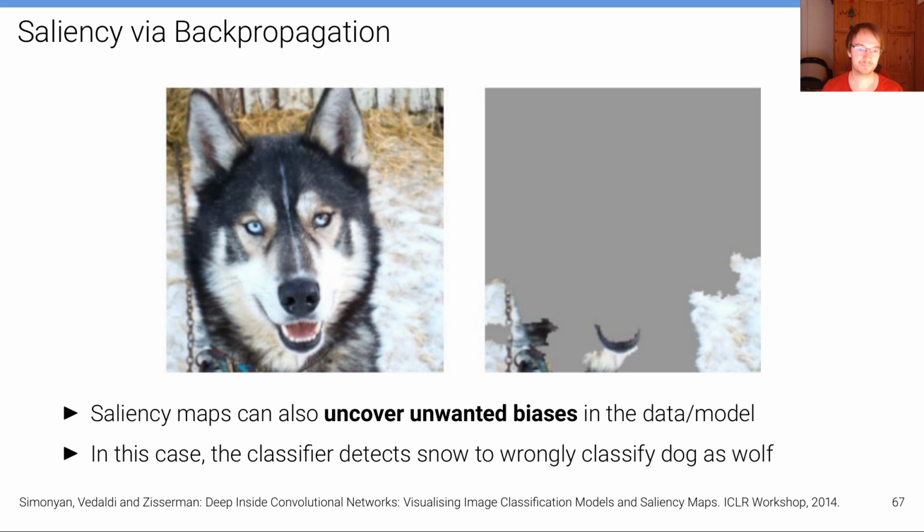So the network has taken this shortcut to optimize the classification accuracy. But of course, this shortcut is not something that we prefer the network to have incorporated. So using this saliency via backpropagation technique, we are able to uncover such biases.